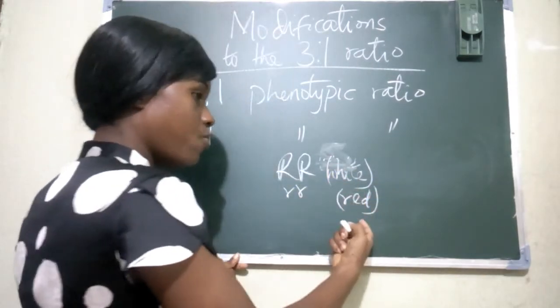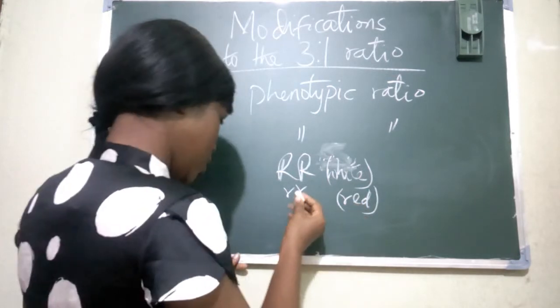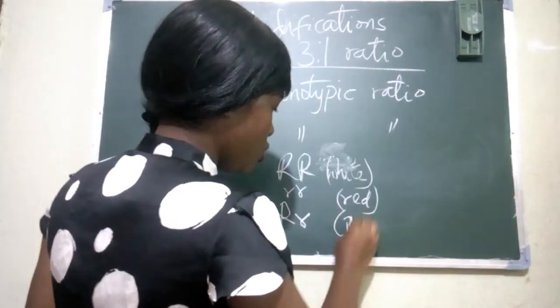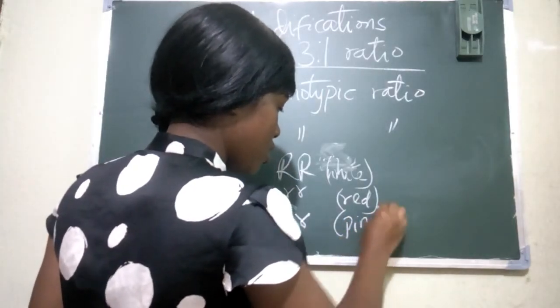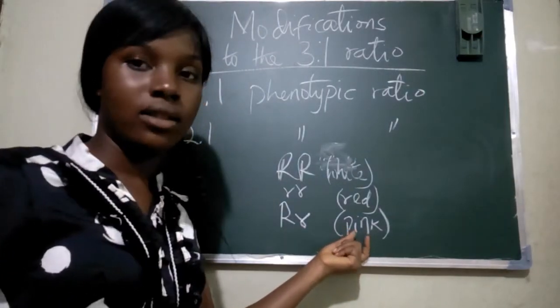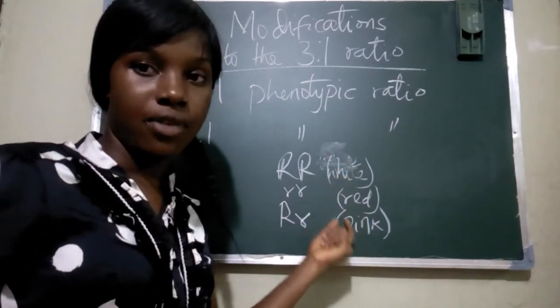So their progeny will be this. They will be showing pink flowers. So you see there is a blend here of the white and the red flowers.